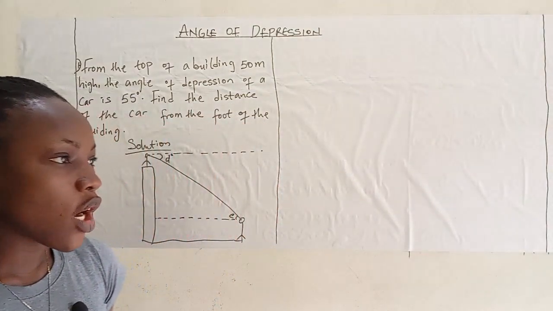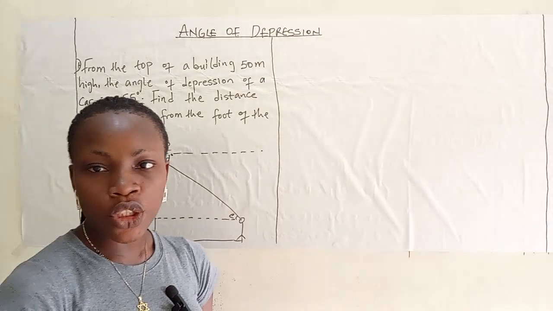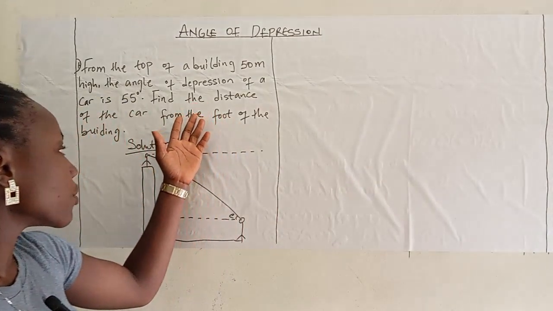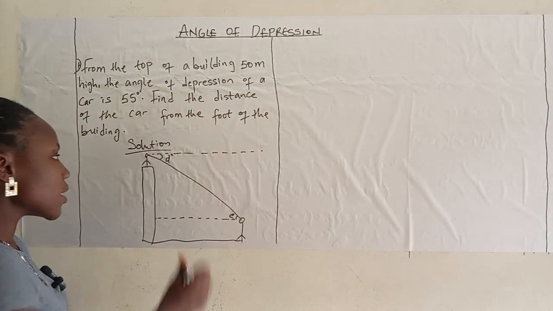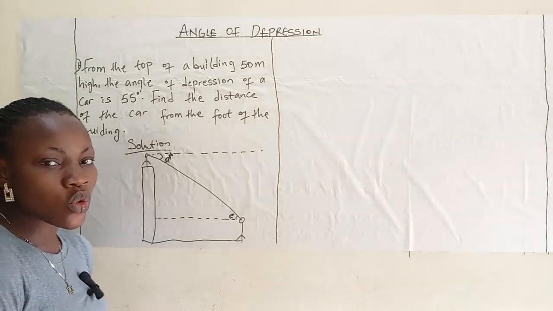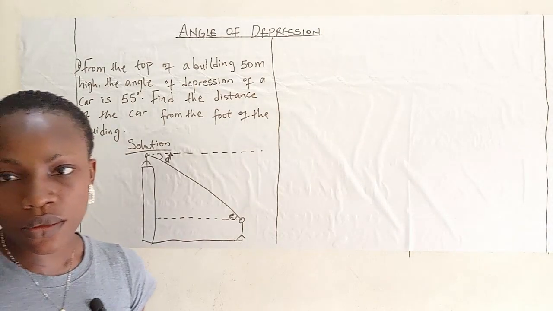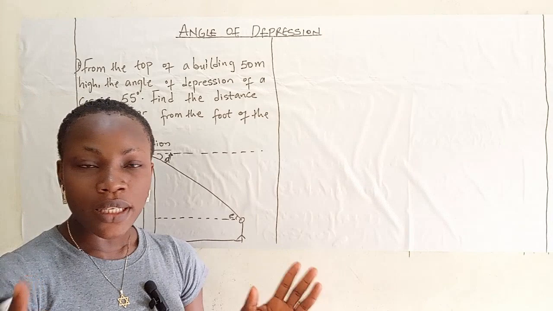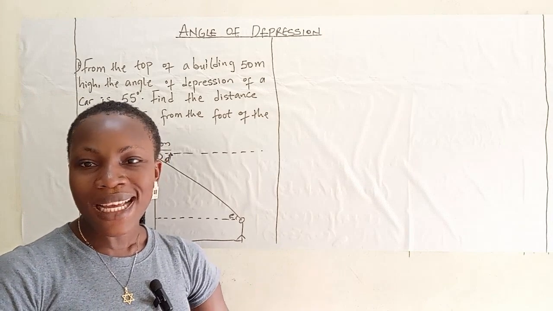But today we are looking at angle of depression and solving a question under it. This is the angle of depression, this is the angle of elevation, and that's what we call alternating angles. Alternating angles are equal.